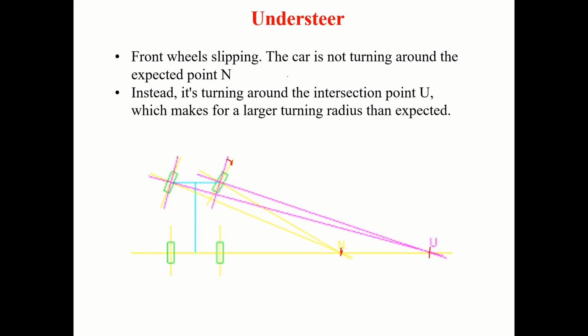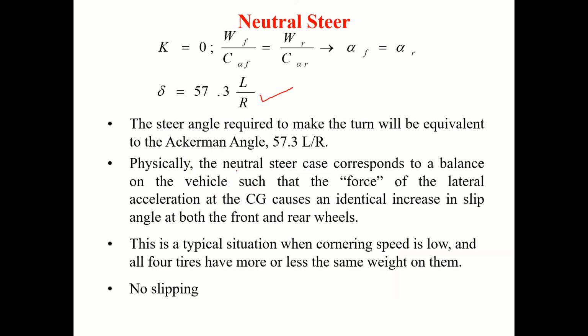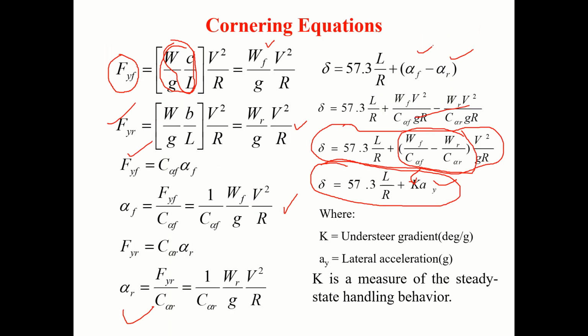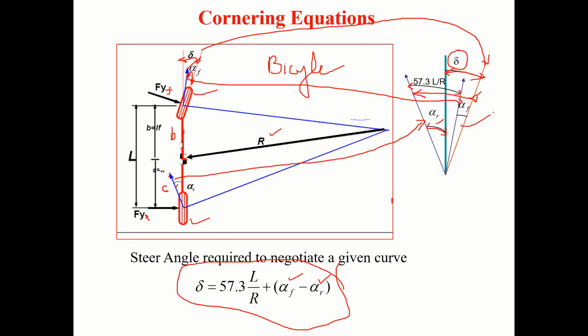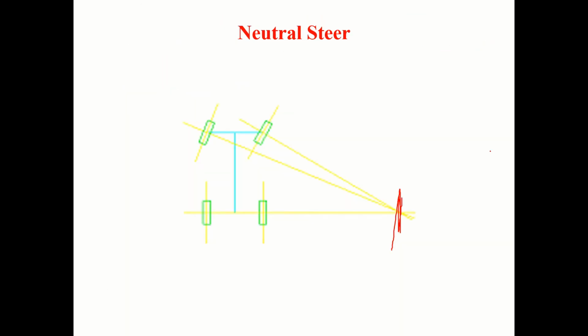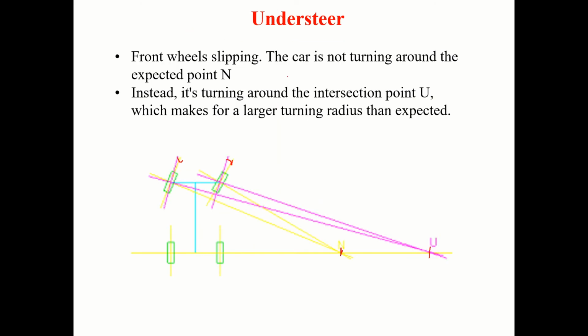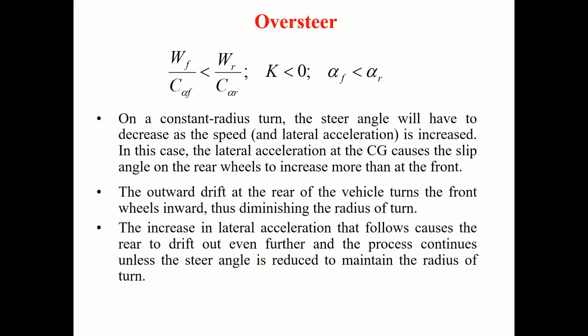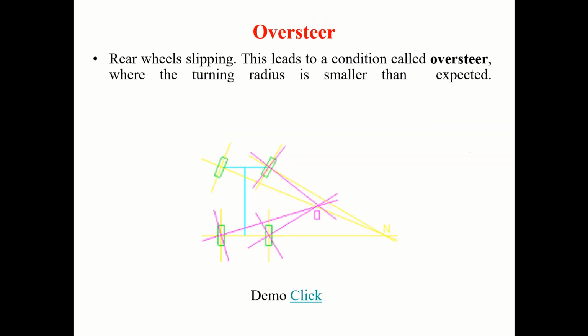This extra angle you have to turn. Correct? That extra angle you have to turn. That is what alpha F is. And now, if this is less than this, K is negative, then you see here.